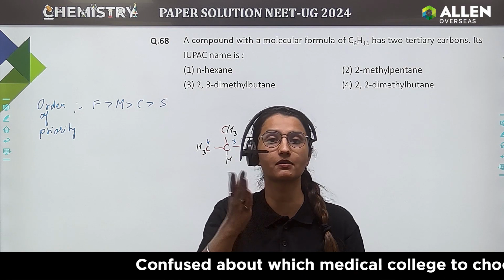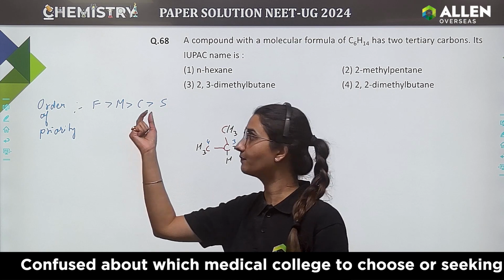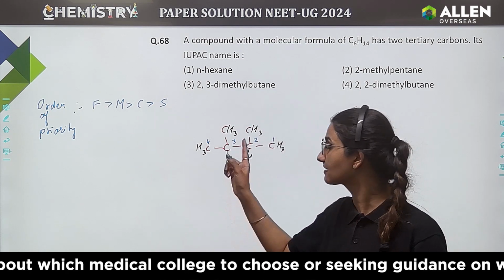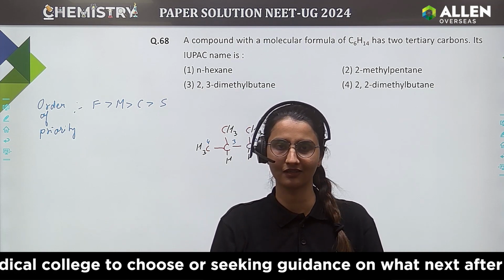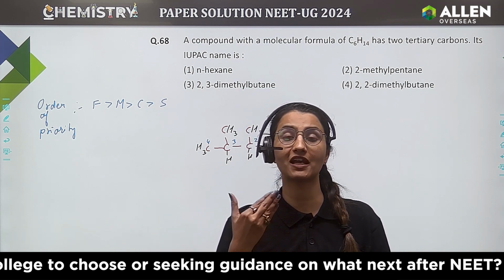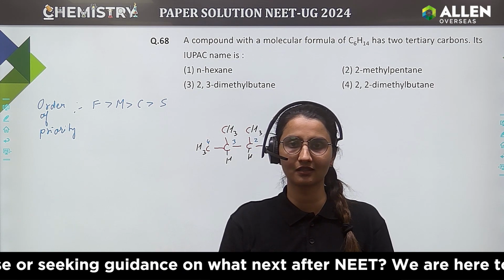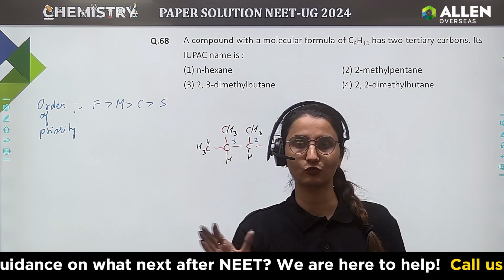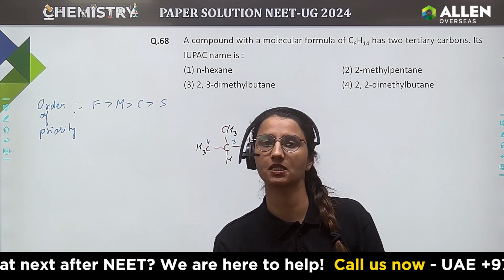Multiple bond means double and triple. If these two are not there, we give priority to number of carbons. Since functional group and multiple bond are not there, I try to select a chain which will have the maximum number of carbon atoms. Last priority is for substituents. We have to select the chain in such a way that it has maximum carbons plus maximum substituents.